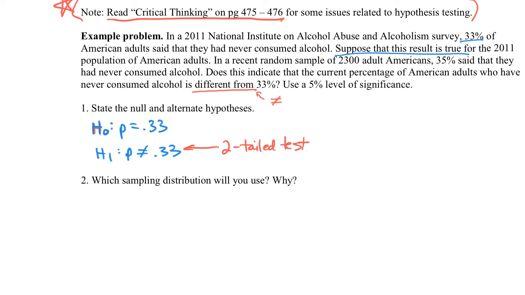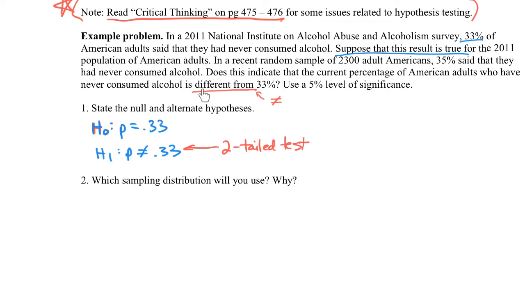I need to mention something because there's something that happens with this example. I always use this example for section 8.3, and then on any test or quiz question, whenever a test of a population proportion comes up, students automatically think it's a two-tailed test. That is completely missing what we're doing here. It's two-tailed because this says different from, not because it's a proportion.